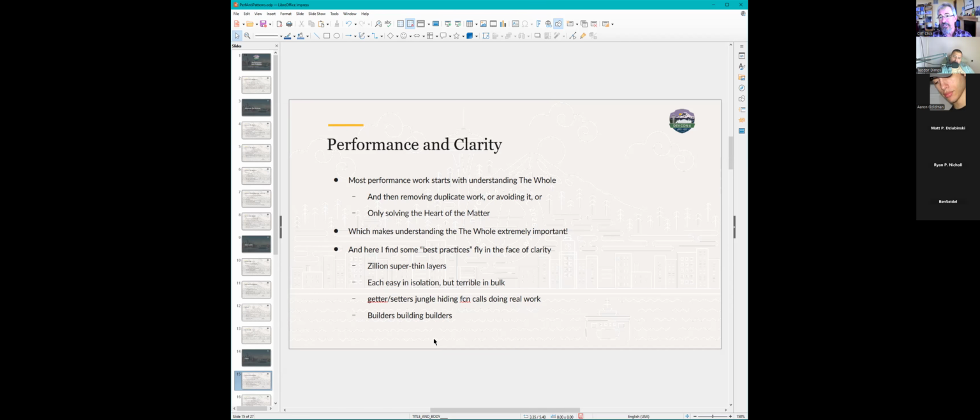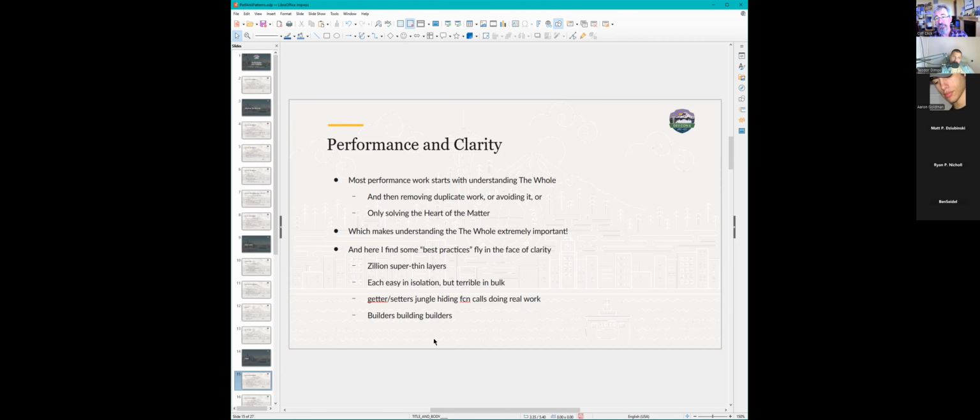And so I have a bunch of these best practices that I'm running into that just fly in the face of clarity for me. So super thin layers, zillions of super thin layers. Each layer is best practices correctly done, easy in isolation, and in bulk, you have terrible brain soup. Layer calls layer calls layer, and you just lose what the hell you're trying to get accomplished here.